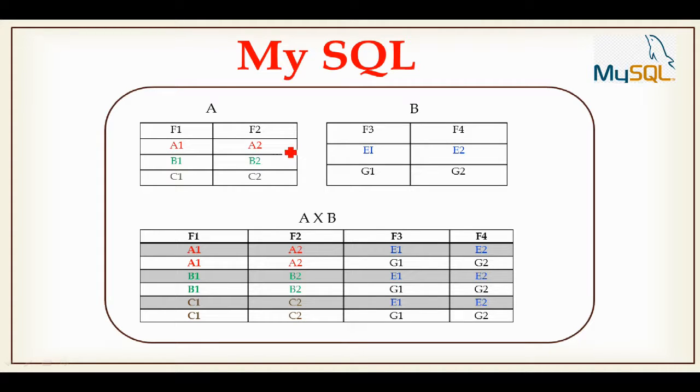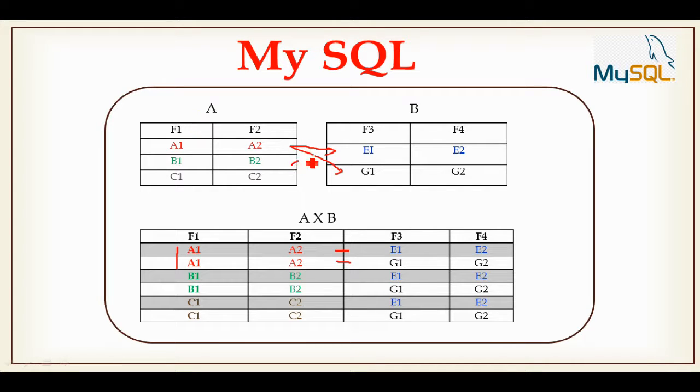Now if the Cartesian product is performed, this record of the table will join with the first record of table B, and this will join with another record of table B. So the first record will join with both records, and every other record will join in the same way, and we will get these records in the output. They are joined in a single row in this way.